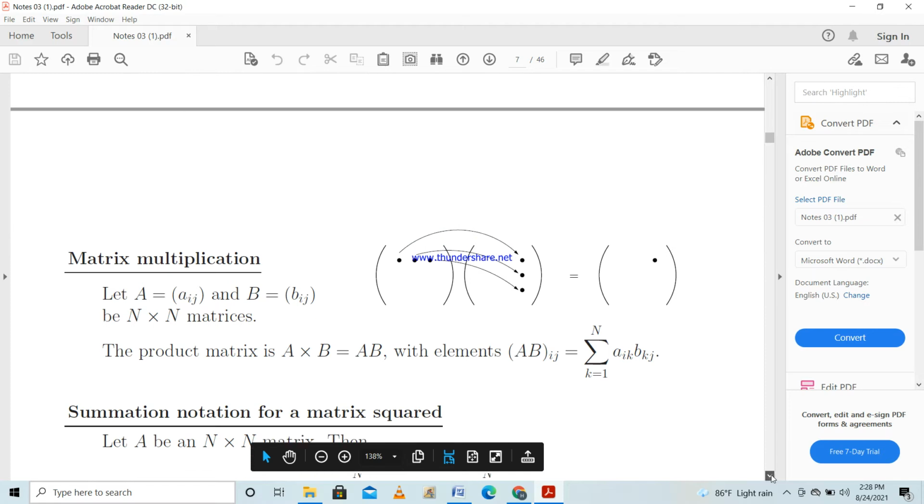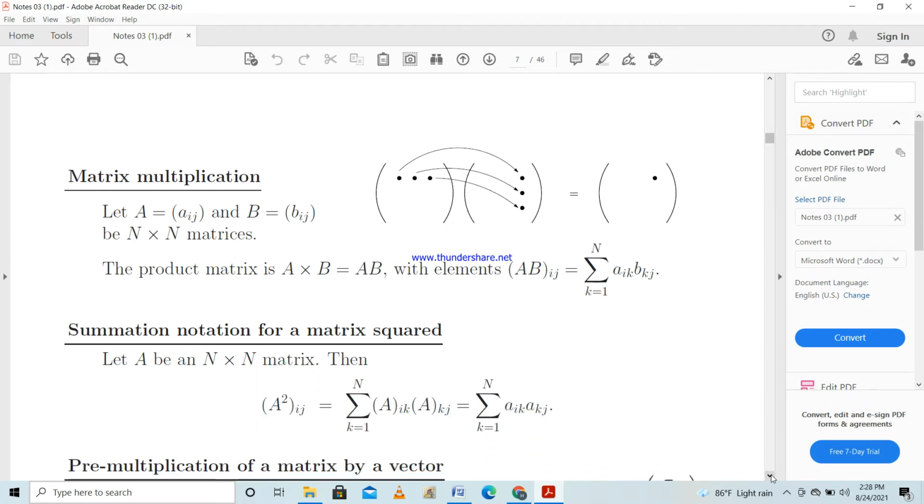So in this case, when it comes to matrix multiplication, I hope you remember we can't just multiply any matrices that we like. If you have to multiply two matrices, matrix A and matrix B, let's say matrix A has i number of rows and j number of columns, and if you want to multiply matrix A by matrix B, we know we need to have the same number of columns in A as rows in matrix B, right?